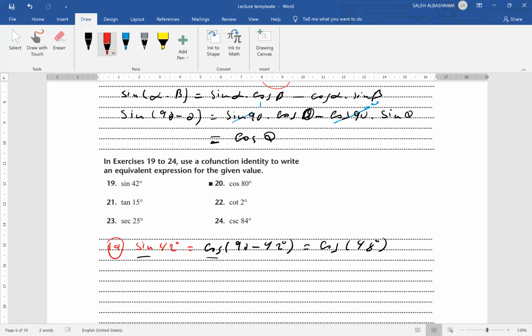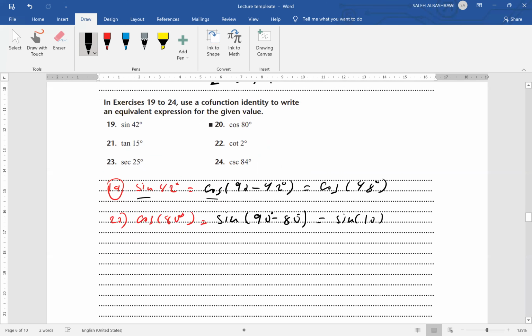Number 20: cosine of 80 is equivalent to sine of 90 minus 80 degrees, which is equal to sine of 10.